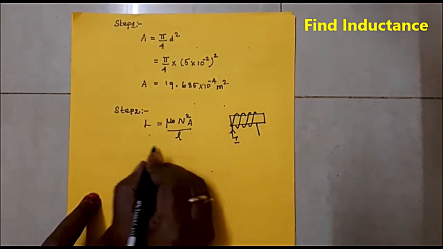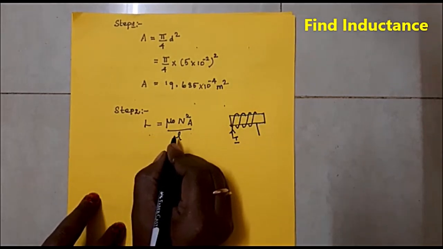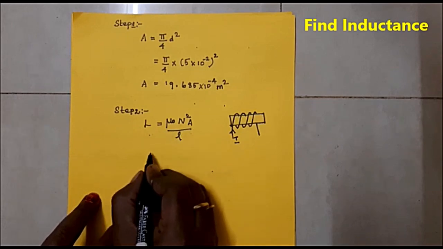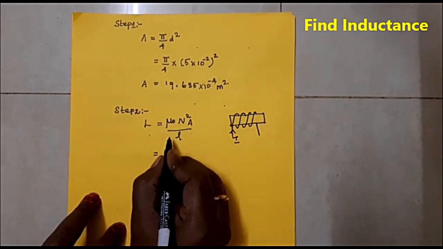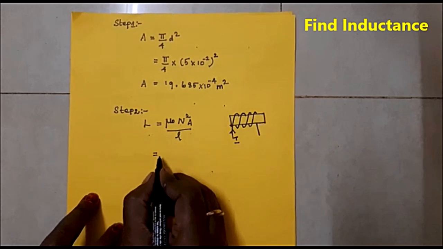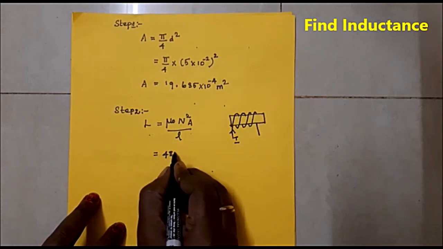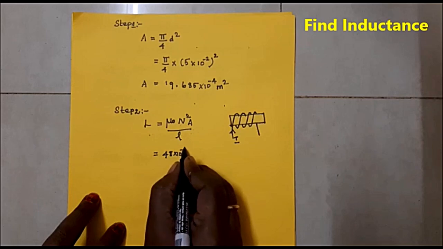So now we have the formula for calculating the inductance, given by mu naught N square A by L. Now we substitute all the values in this expression, where mu naught is the absolute permeability, whose value is 4 pi into 10 power minus 7.